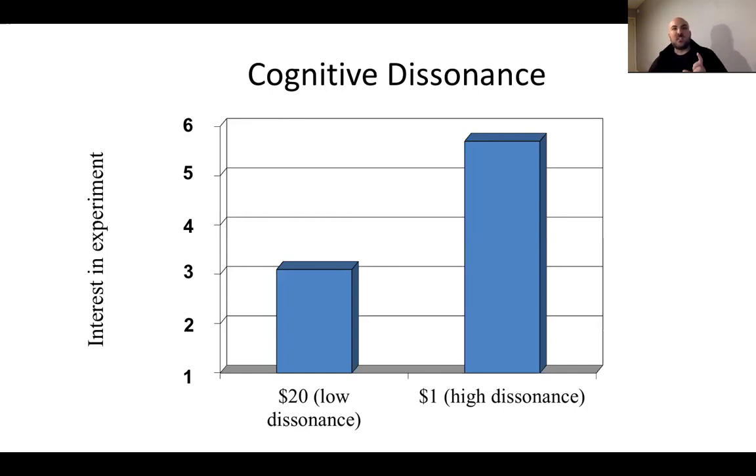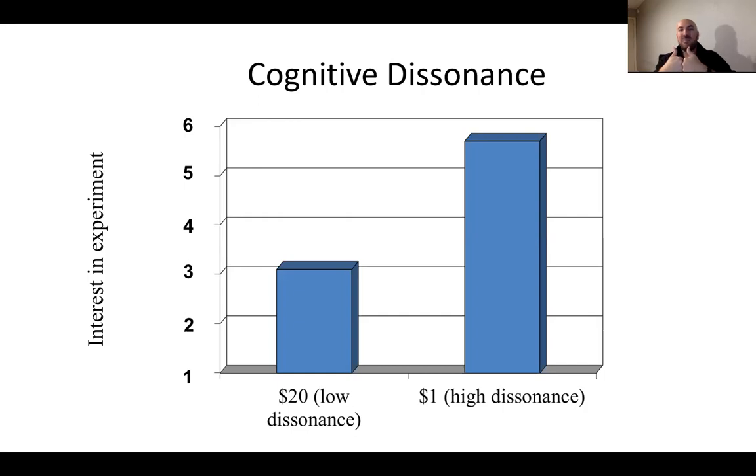But what about the folks in the $1 condition? Those folks, their attitude and behaviors don't align, right? They're lying. They're saying, yeah, the study's really fun and exciting. And they knew their private attitude is this study really sucked. And they're like, why am I doing this? Why am I experiencing this cognitive dissonance? My attitudes and behaviors aren't aligning. Was it because I've been paid?